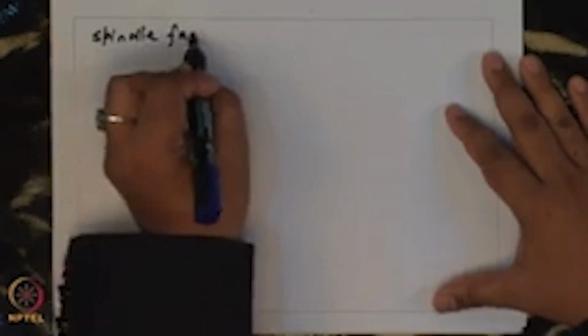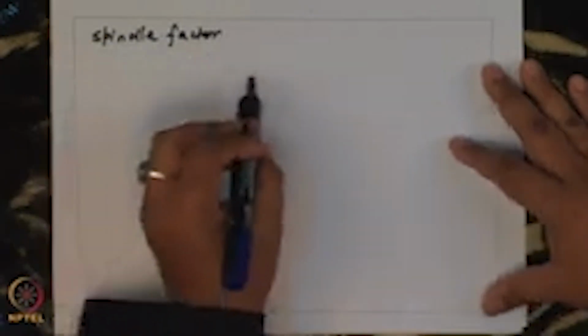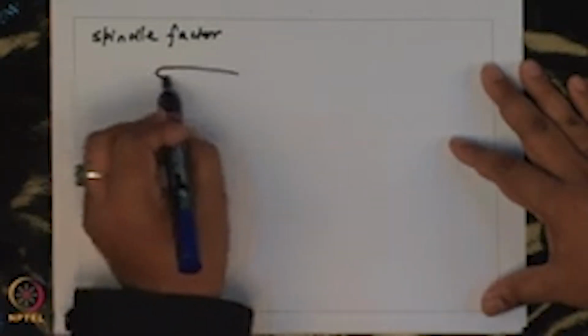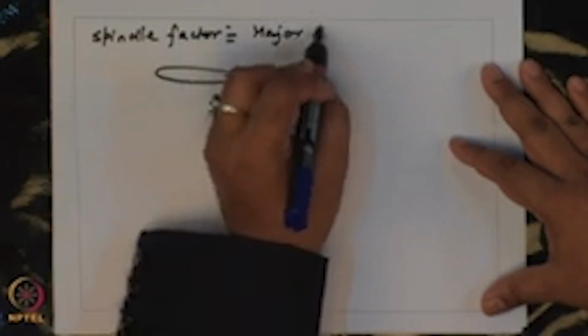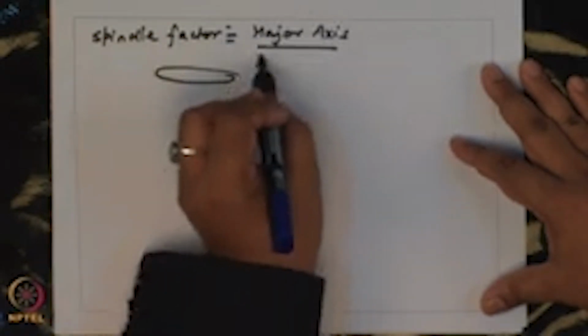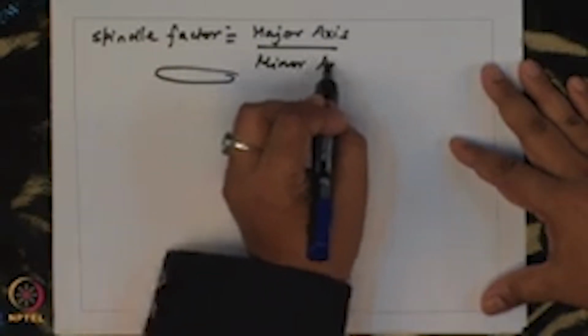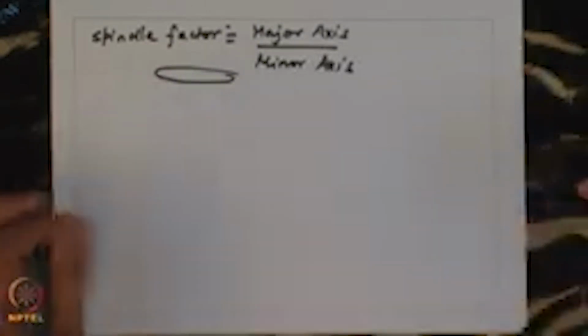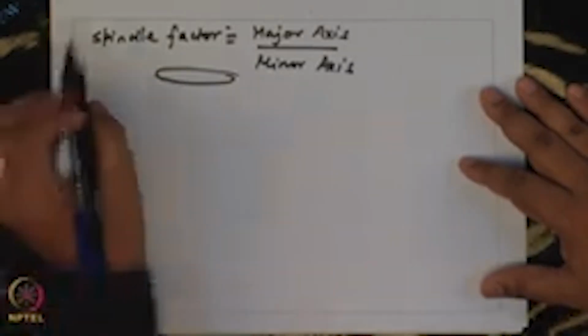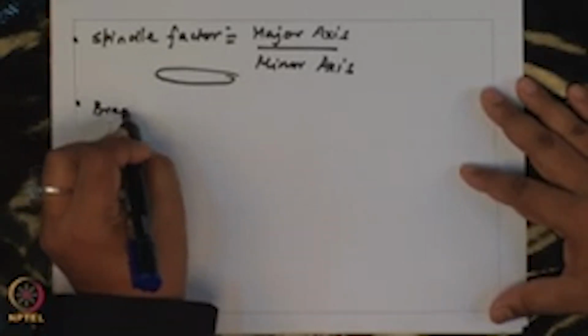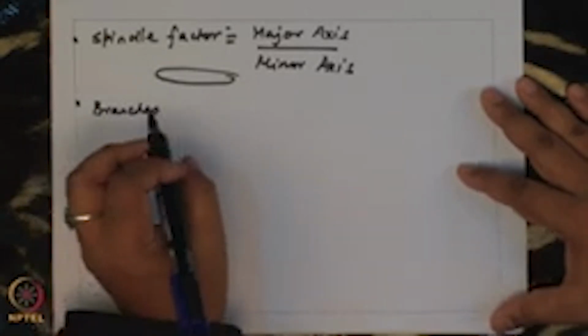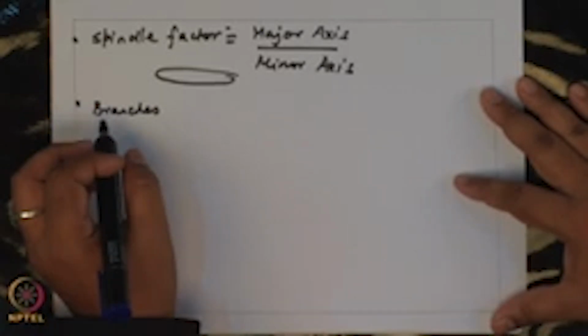They defined something called spindle factor. What is spindle factor? If you approximate a cell shape like an ellipse, spindle factor is the major axis by the minor axis. So, a higher value means it is more elongated in one direction. They also tracked the average number of branches per cell.